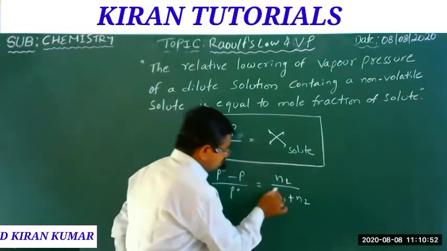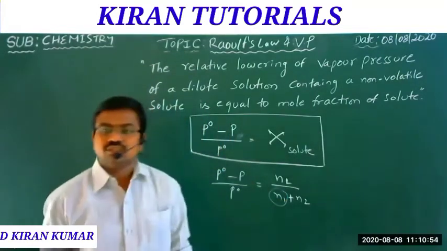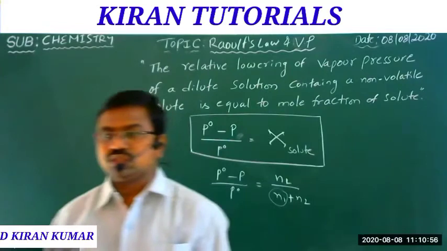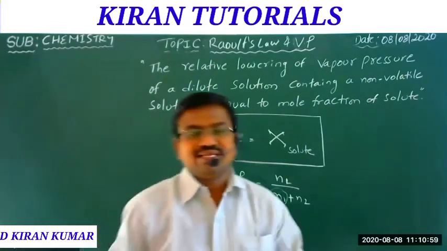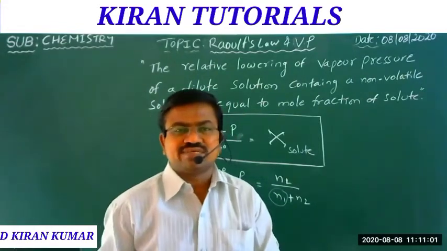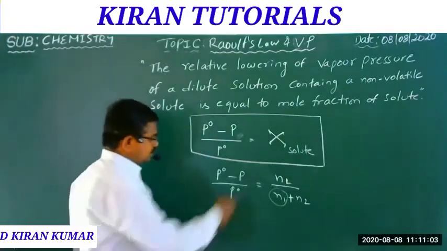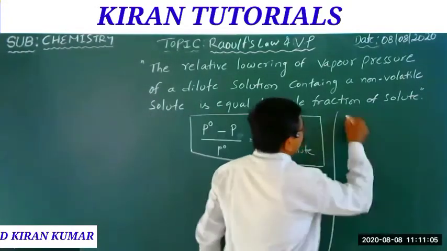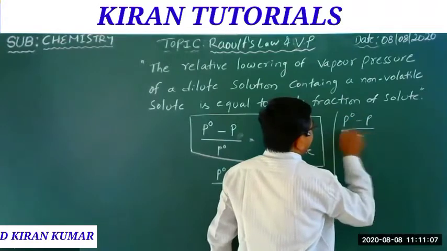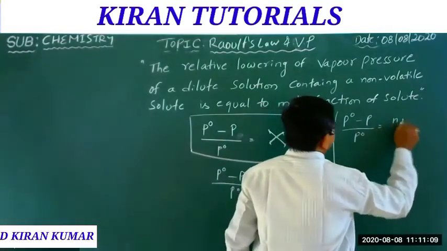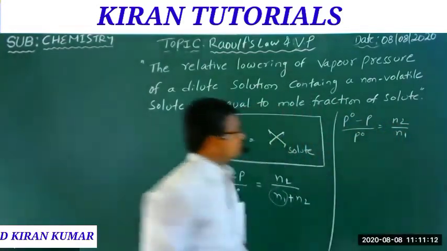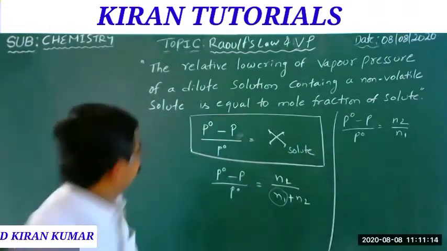Here, if it is a very dilute solution, you can neglect the solute concentration in the denominator. So P naught minus P by P naught is equal to N2 by N1.